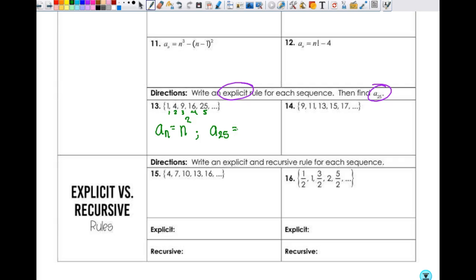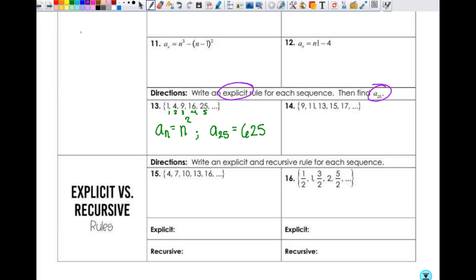Tony knows it because he practiced. 625, good. Because he practices perfect squares because I told him to. Is that right? 676. That's okay. You're close.